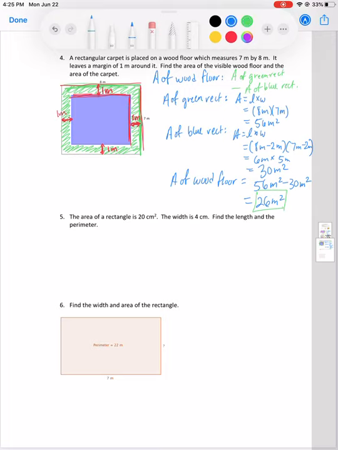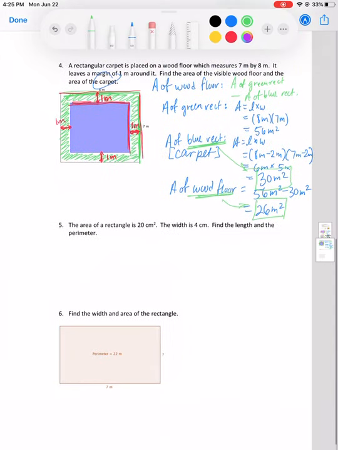Now the area of the carpet is the inside rectangle, which is the blue rectangle, and that's going to be 30 meters squared. So the blue rectangle, the wood floor, and we got our answers.